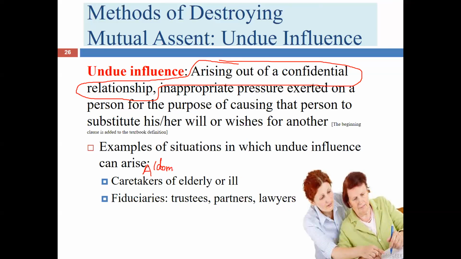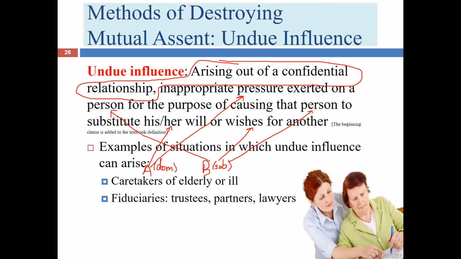And then we're going to call the other person B. This is the subordinate person, the person in a weaker position. So A applies the pressure to B for the purpose of causing B to substitute A's will for B's will.